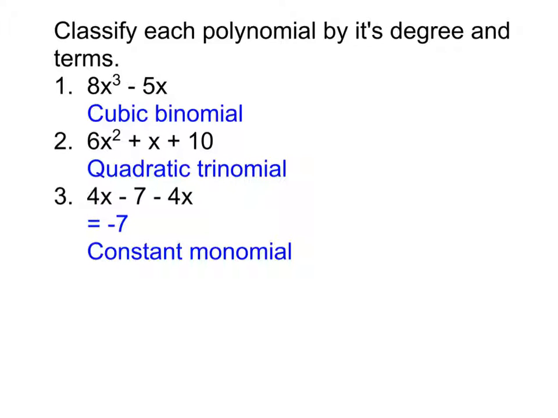And yes, I'm going to have you write constant monomial, but I do want to let you know that every constant has to be a monomial. You cannot have a constant binomial because all of a sudden it would have to have a higher exponent in it. So technically, if you just say constant, monomial is insinuated, but I do want you actually specifying both here.